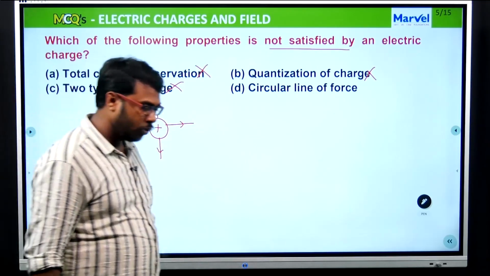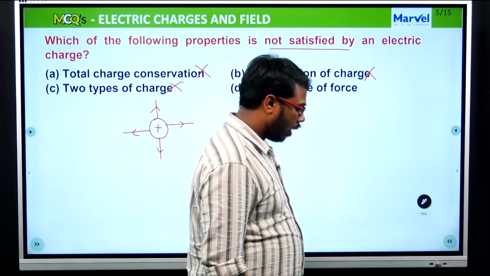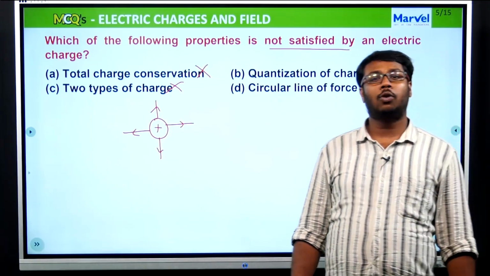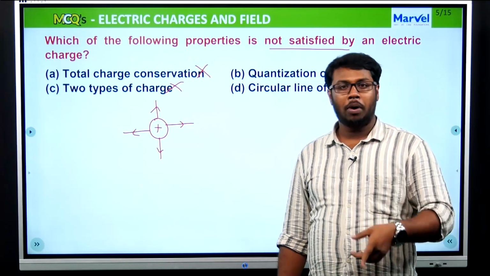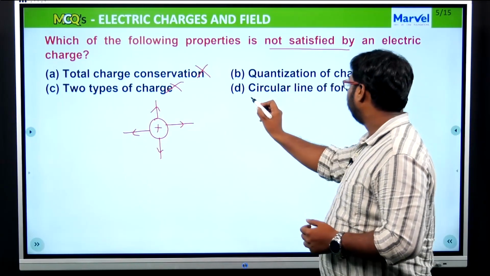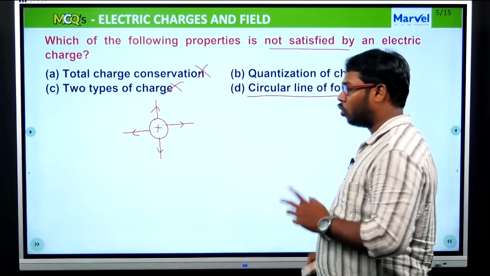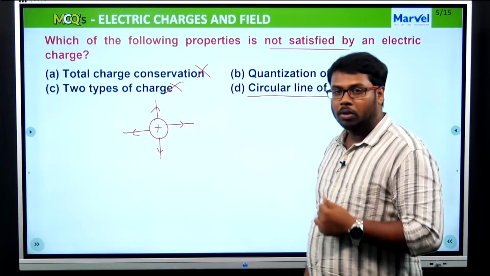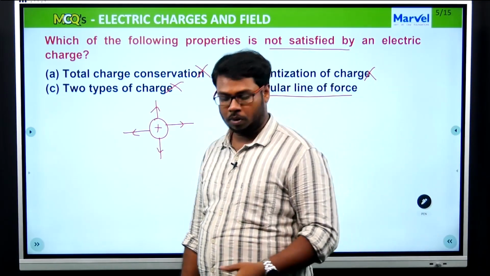One of the most important properties of the electric lines of force is that they will not form a loop and they will not intersect. Based on this, this particular point is wrong and that will be our answer. Is it clear? This is how we do it.